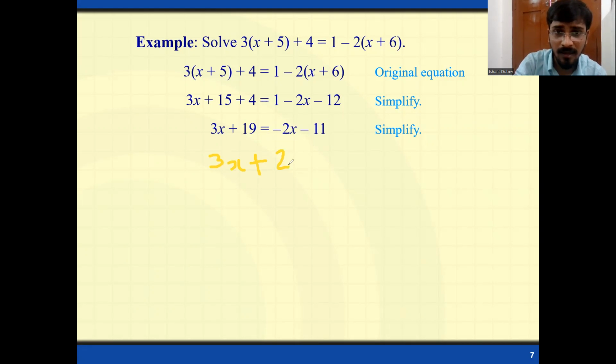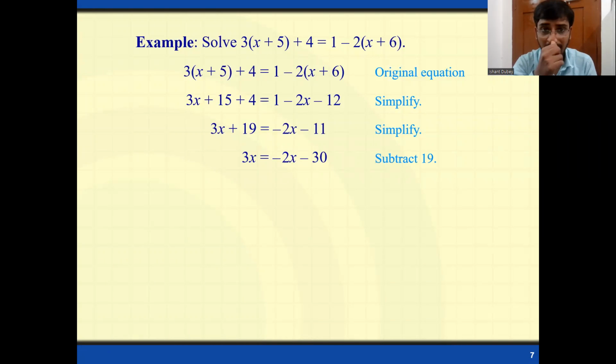And similarly, plus 19 is there on the left hand side. In order to make that vanish, we have to add minus 19 on both sides. So minus 19 will vanish, and on the right hand side minus 2x plus 2x will vanish. So finally, what we'll be getting?